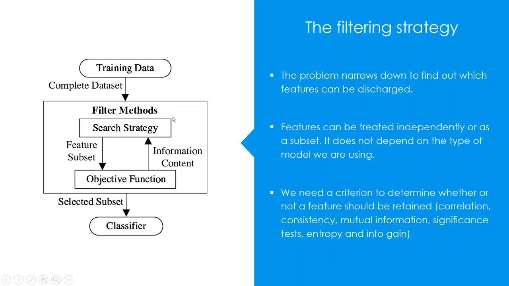This filter method is composed of two pieces. The first one is the search strategy, and the second one is the objective function. The search strategy is useful when you want to produce different subsets of attributes or features. If you want to treat each feature independently, then the search strategy is not needed.